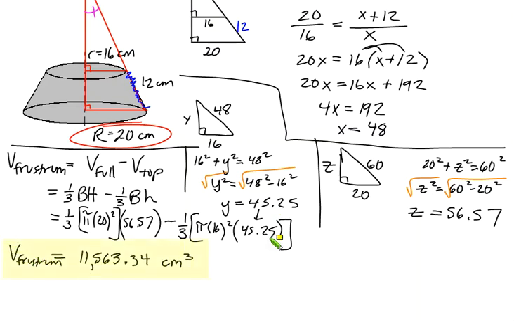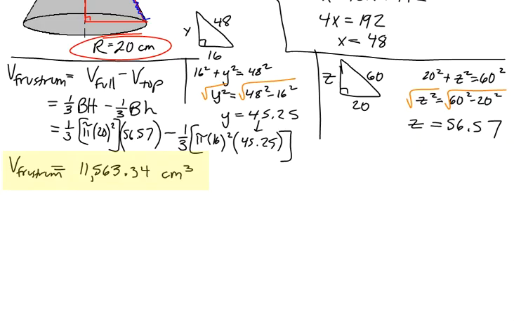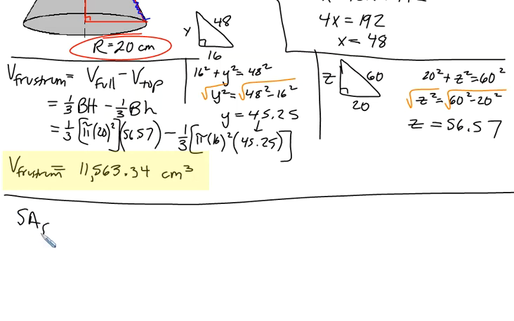Make sure to include the label and make sure that you have the correct label for the item that you're finding. Now in this problem, we also want to determine the surface area of our frustum. So as we go to approach the surface area of the frustum, we want to take this one piece at a time. So when we find the surface area of this frustum, it's going to be the area of the bottom circle plus the area of the top circle.